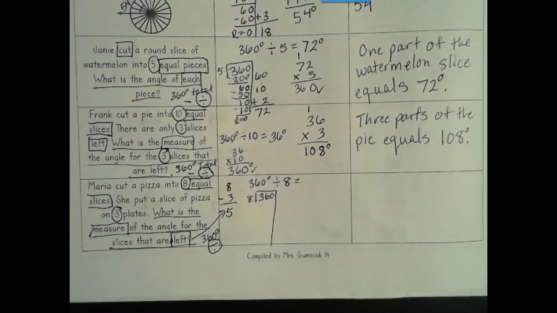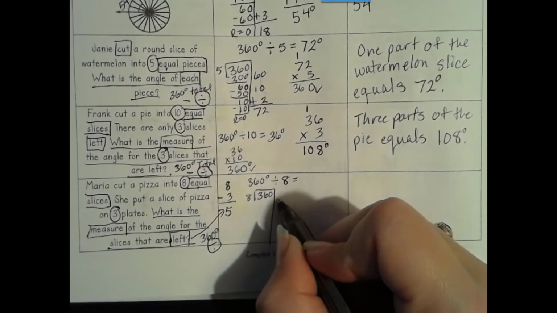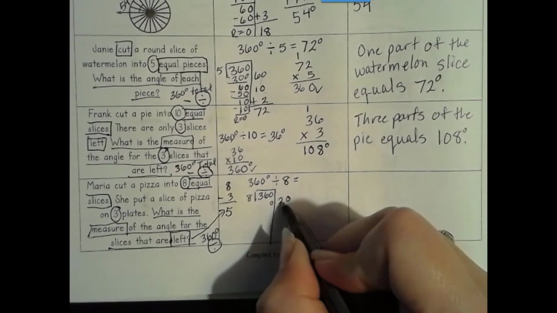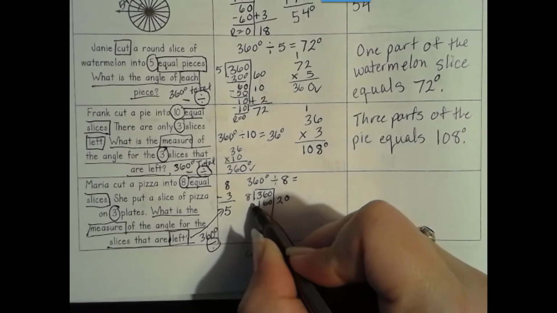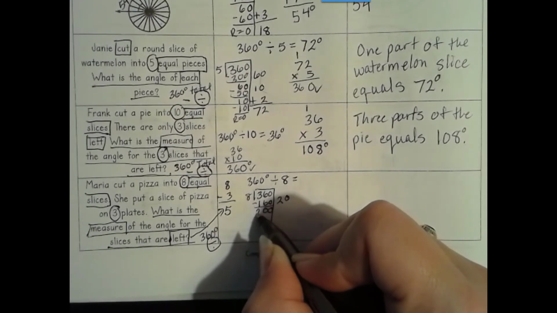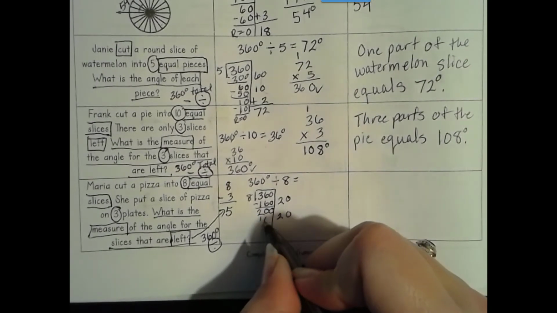Let's see. Let's try 20. Placeholder moves it over a place. 2 times 8 is 16. Numbers the same, 0 is a game. More on top, no need to stop. I do 20 again.